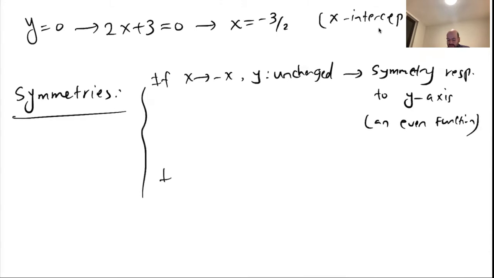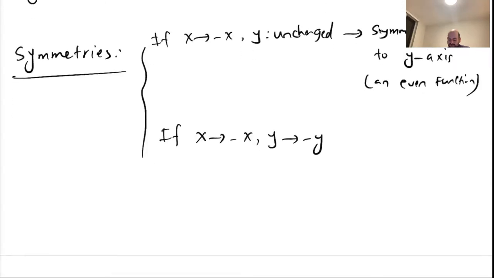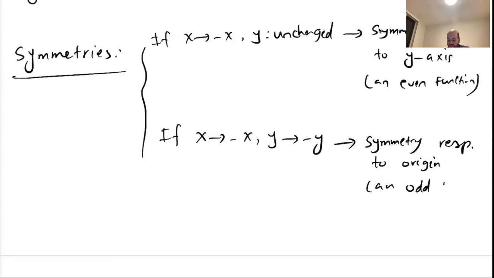And if x changes to minus x and y changes to minus y, then we have symmetry with respect to the origin, and in that case the function is called an odd function.